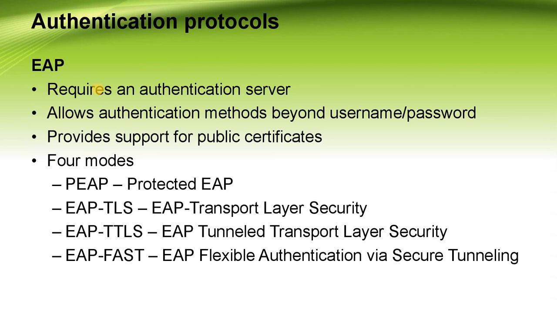In EAP-TTLS, the authentication process is protected by a tunnel from man-in-the-middle attacks, and client-side certificates can be used but are not required, making it easier to set up than EAP-TLS for clients without certificates.